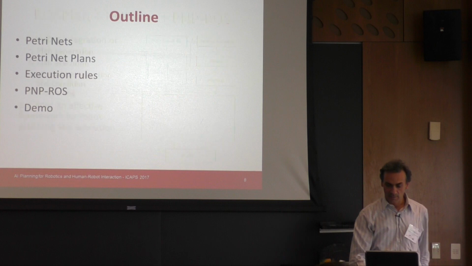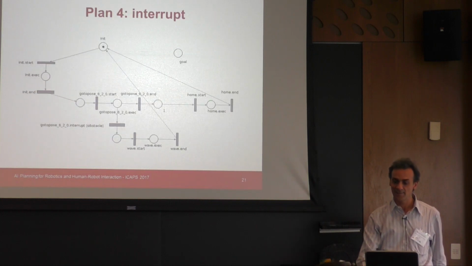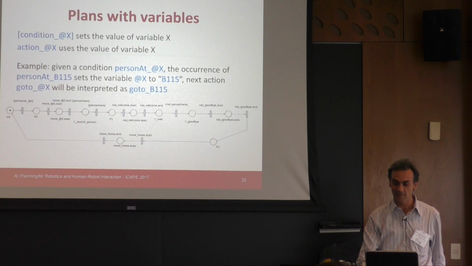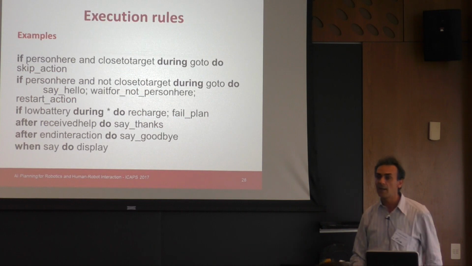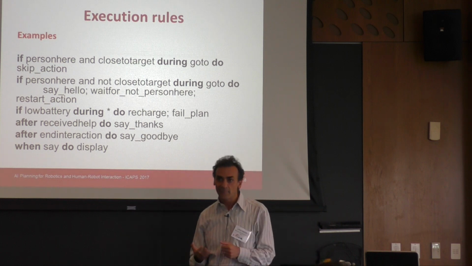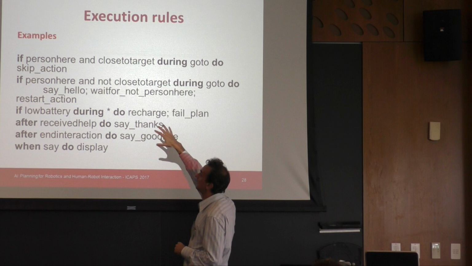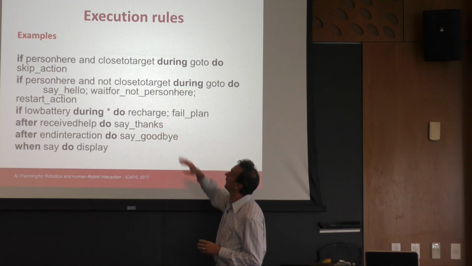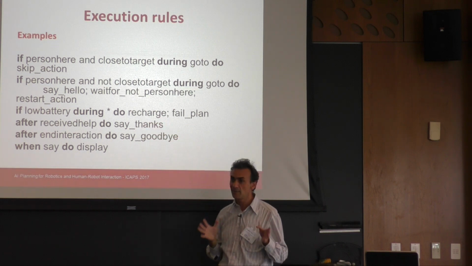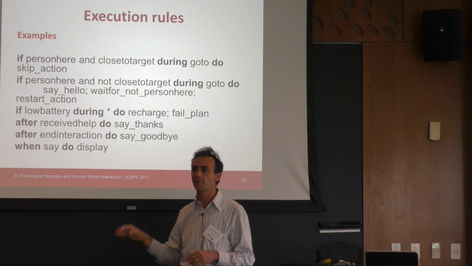We want to avoid using C++ code for this task, but we want to use a high-level formalism, a declarative language, to state these rules. So these rules are like this. For example, we have rules that say that if something happens during the execution of the action, then you have to do this recovery procedure.